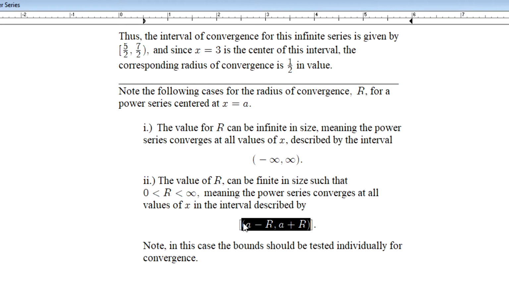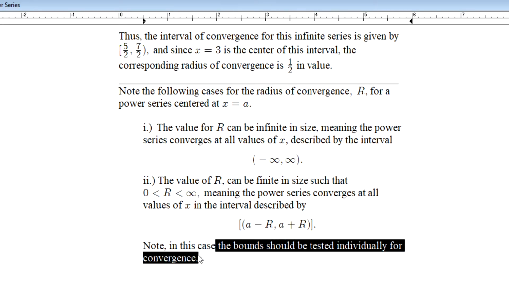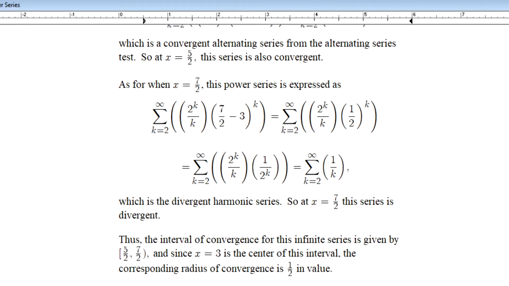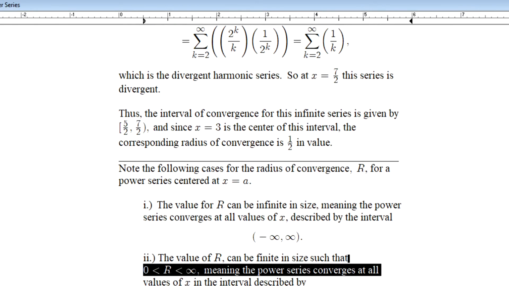What I have noted here is that we can either have them grouped between parentheses and not included, or they could even be included. It really depends upon their result when tested individually, and you should test them individually as we had done in this previous example. That's the second case for what could happen.